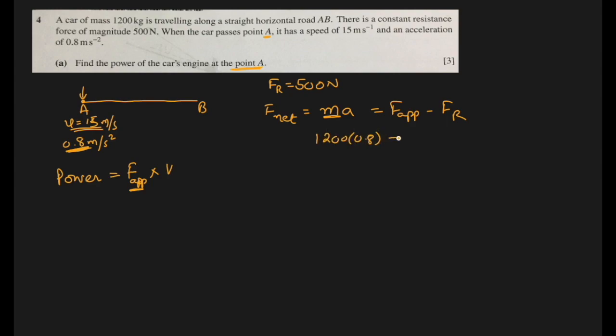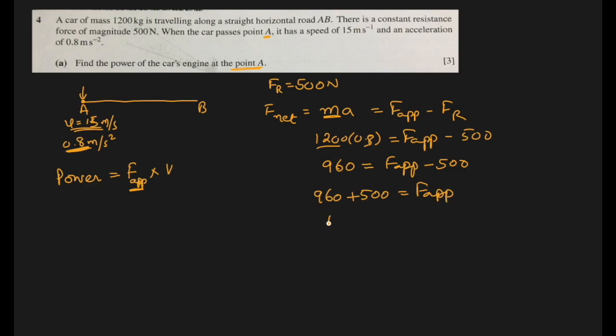At that point, applied force we are on the way to find out, but we know resistive force is 500 newtons. 12 times 8 is 96, so 960 newtons is equal to F applied minus 500. Let's bring this 500 to the left side. So 960 plus 500 is equal to applied force, which is 1460 newtons.